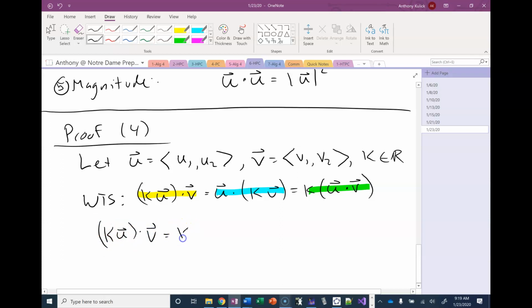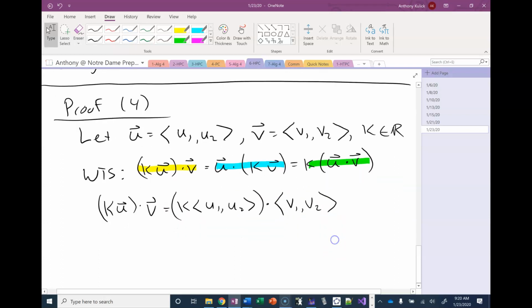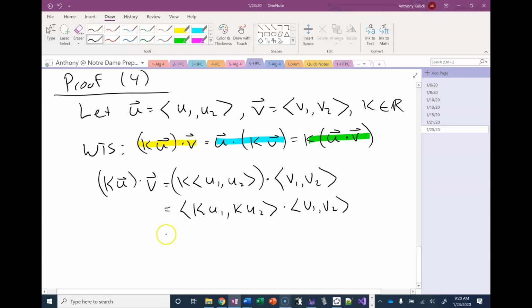So I'm going to just begin by replacing my vectors with their component forms. Now I'm going to just follow the order of operation and begin by doing the scalar multiplication as directed by the set of parentheses. And now I'm going to do my dot product.